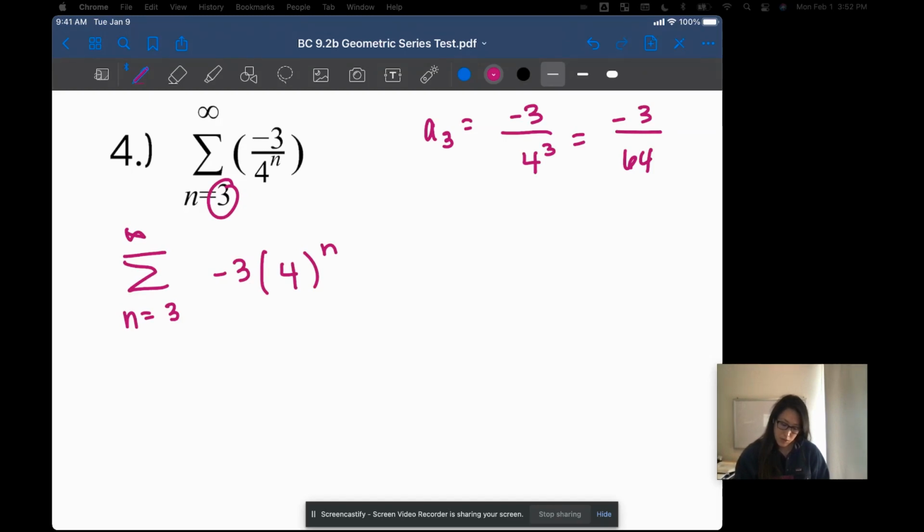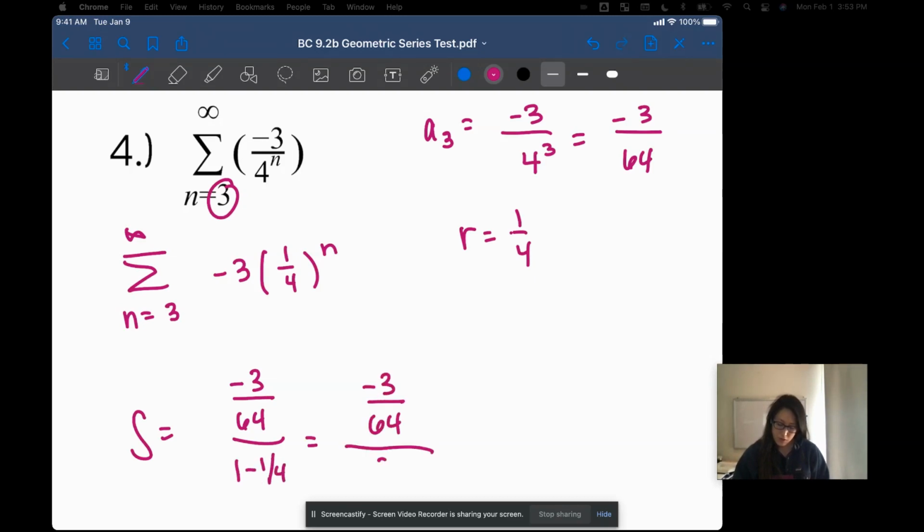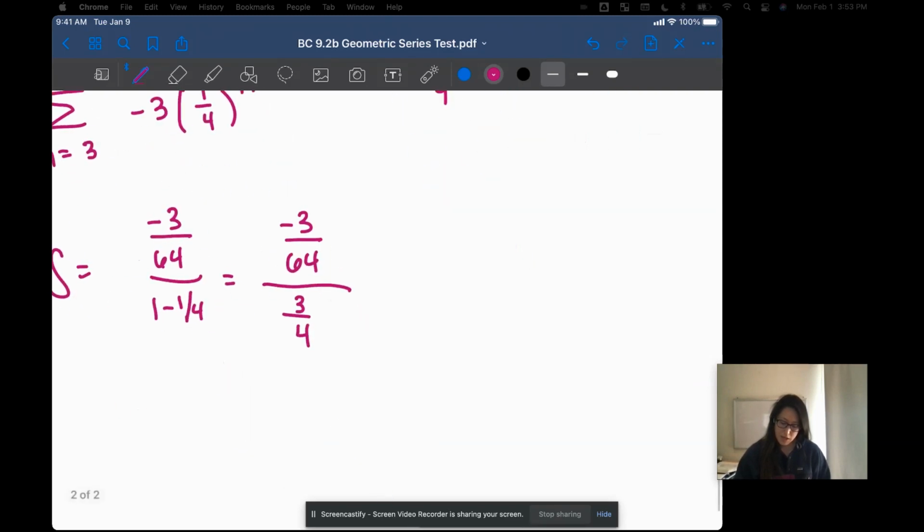So not 4, 1/4, because that's in the denominator. So r is equal to 1/4. Okay, let's get our sum. The sum is equal to negative 3 over 64 over 1 minus 1/4, which is negative 3 over 64 over 3/4, and then multiply by the reciprocal.